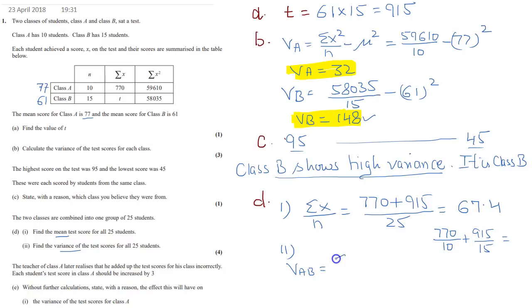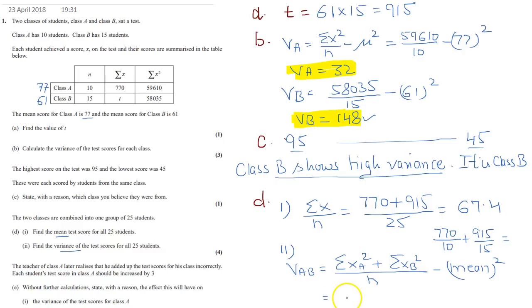Sigma x a square plus sigma x b square over n, minus mean square.